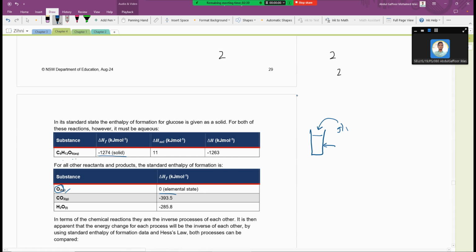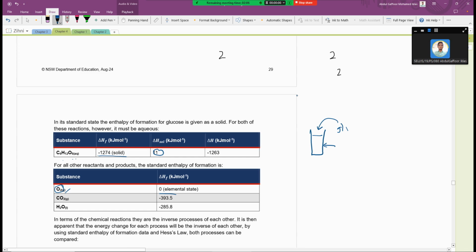You just buy a glucose packet, take some amount of water, put it in and stir it. Then you can observe the coolness in the glass. Which means the energy is absorbed from the environment for the dissolving purpose. So in order to dissolve the glucose, energy is absorbed from the environment.